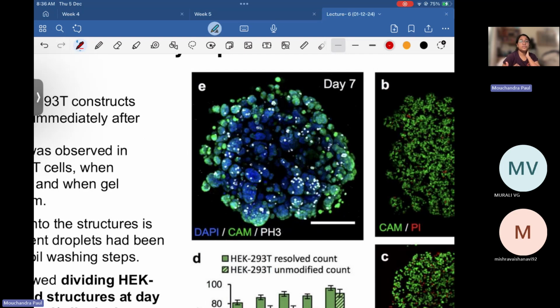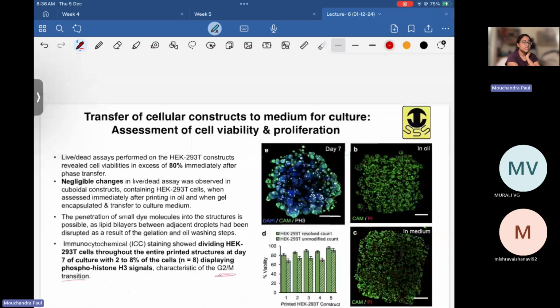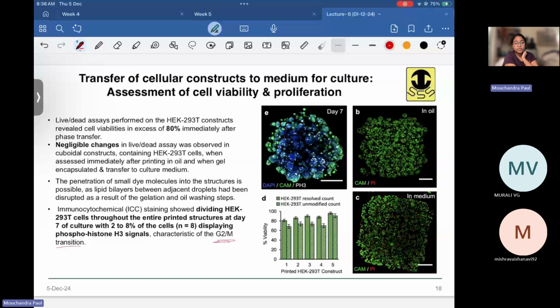They are proliferating and increasing in number. It shows that their technique didn't affect the proliferation capability of the cells, which were encapsulated in droplets and then formed into a printed construct. They are dividing, at least at day 7.